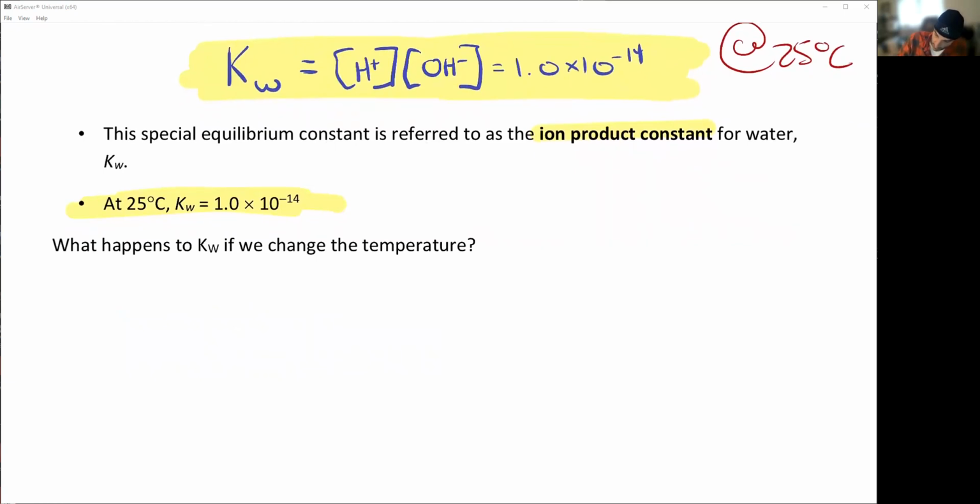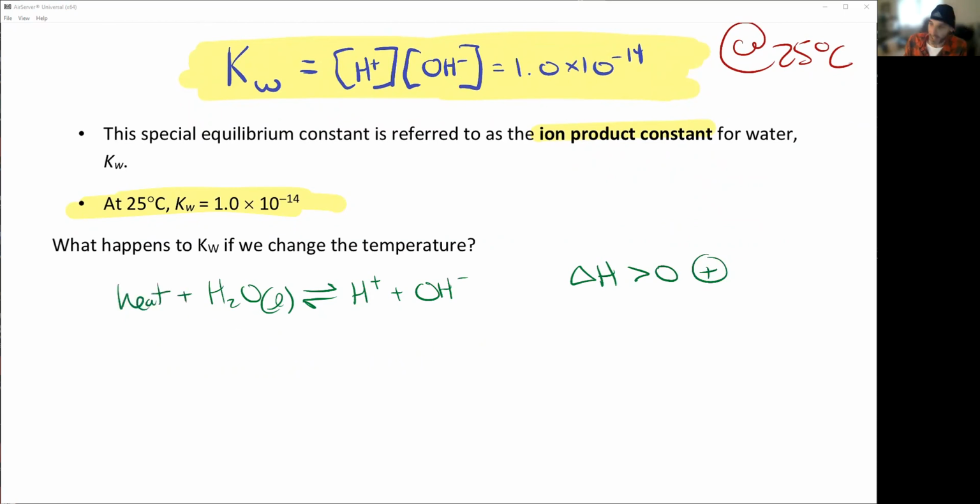First of all, this process, H2O liquid autoionizing into H plus and OH minus, both aqueous, is an endothermic process. So delta H is greater than 0, meaning it's positive, which means we have heat as a reactant.